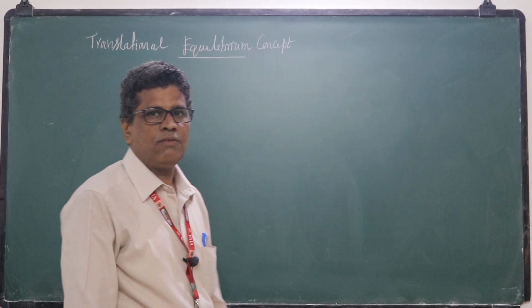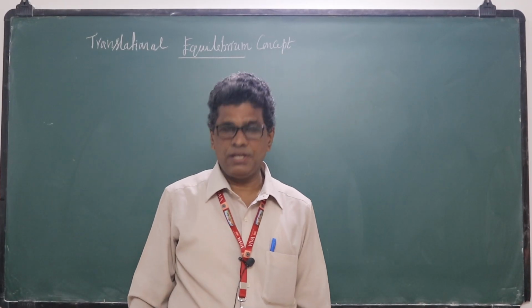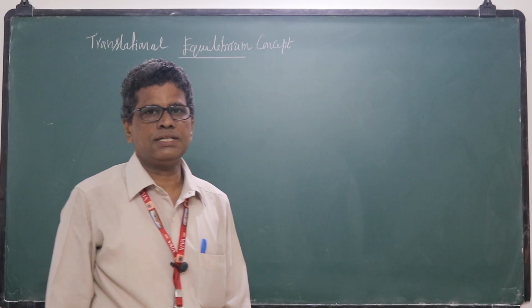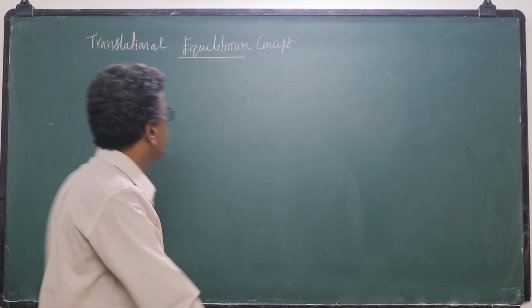So if the number of forces acting on a body have a resultant force equal to zero, then we can say that the body is said to be in translational equilibrium.